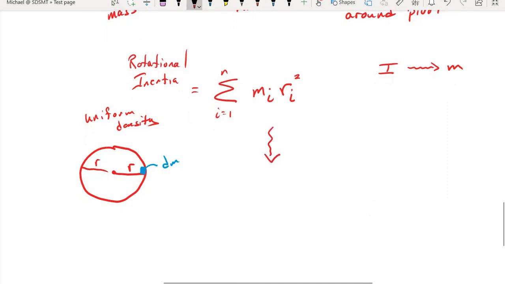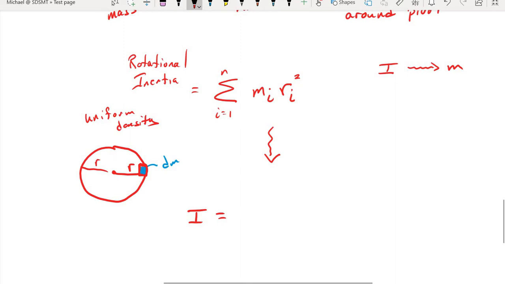Now the summation works well if we have a particle system, but most of our objects are going to be three-dimensional. They're going to have millions, if not billions, of different particles inside of them. So we want to upgrade this summation using some calculus.